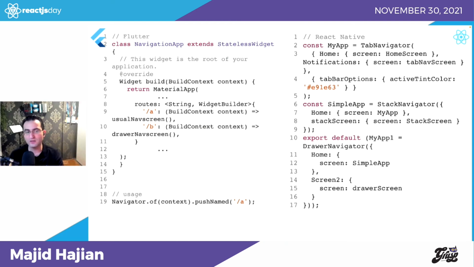So you define your routes, like route A and B, and everywhere in your widgets, you will call a function called pushNamed on the context, and then you will redirect the user. That's fairly similar to what you probably do in React Native, where you use a navigator function to handle that for you. But behind the scenes, it does the same thing.